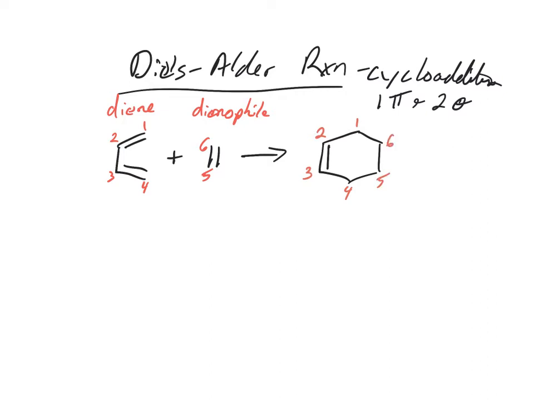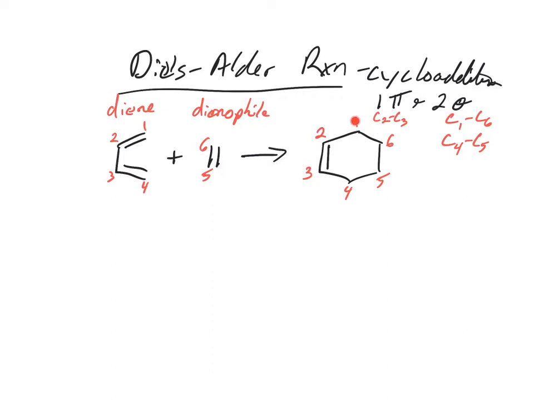The new pi bond is between C2 and C3. One new sigma bond is between C1 and C6, and the other is between C4 and C5. Those are new bonds that are always formed.